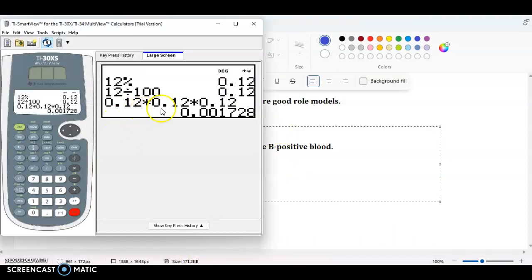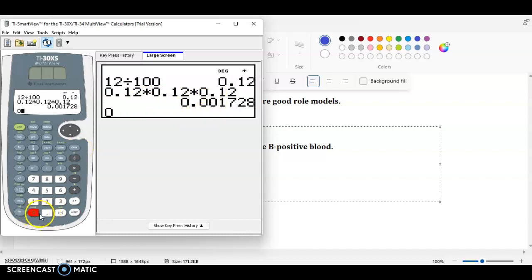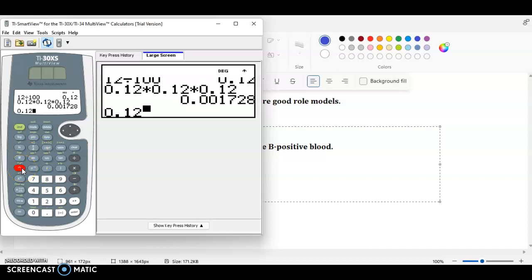If you don't want to write all that out, you can do 0.12 to the third power. So anytime you multiply the same number more than once, consider using the exponent feature on your calculator, and it'll give you the same result.